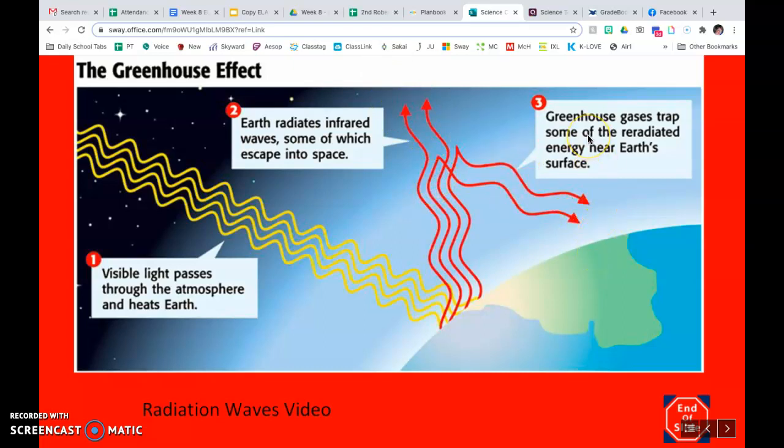And the greenhouse gases that are in the atmosphere trap some of the re-radiated energy near Earth's surface. And that's what makes this planet inhabitable. So without that, no life. However, if too much is being trapped, as some people believe, then that could be bad as well.